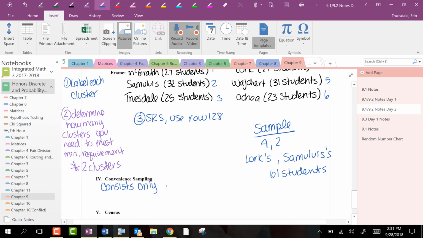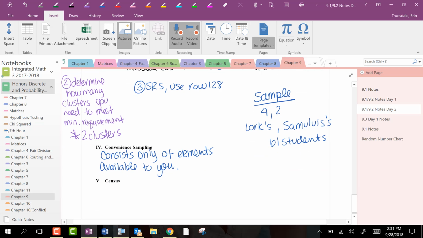For example, if I wanted to sample the seniors in the school, and I just take all of you and get your opinions because I see you every day, something super easy. Or if we wanted student opinions and we stood in the cafeteria and grabbed a couple kids. There's nothing necessarily representative about those people. It's just easy. That's why it's called convenience.